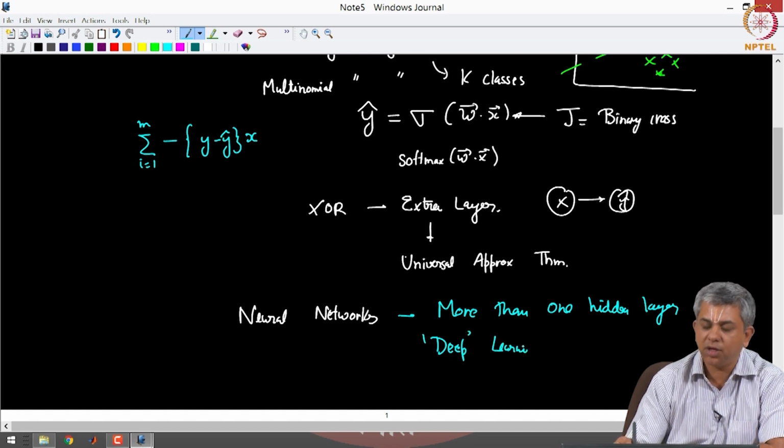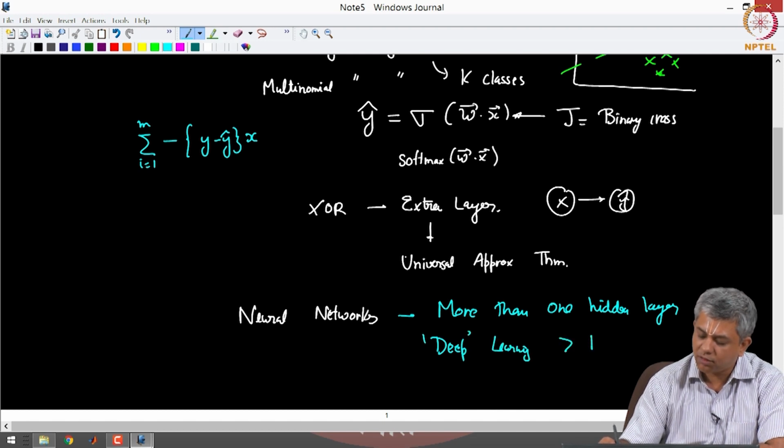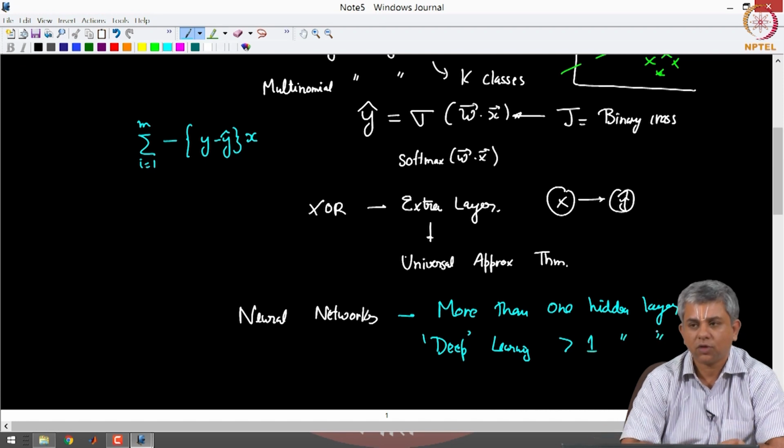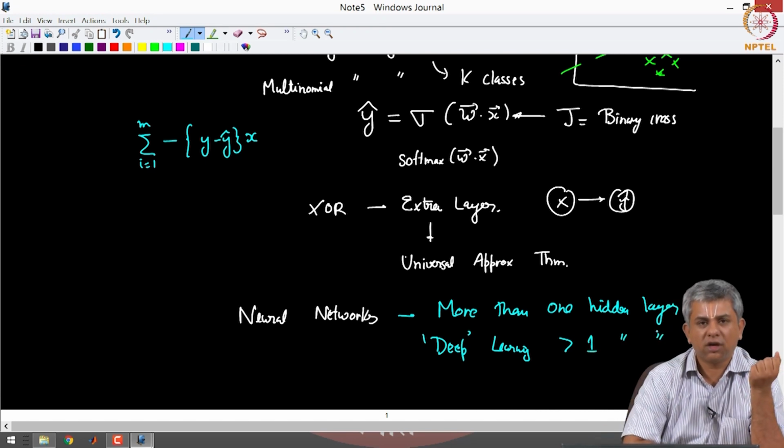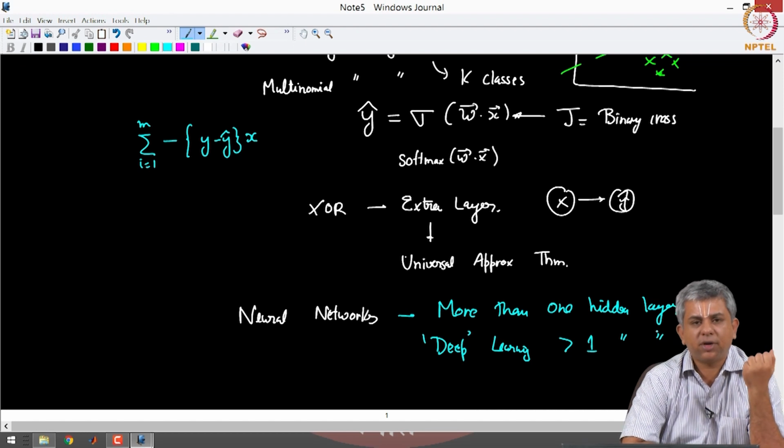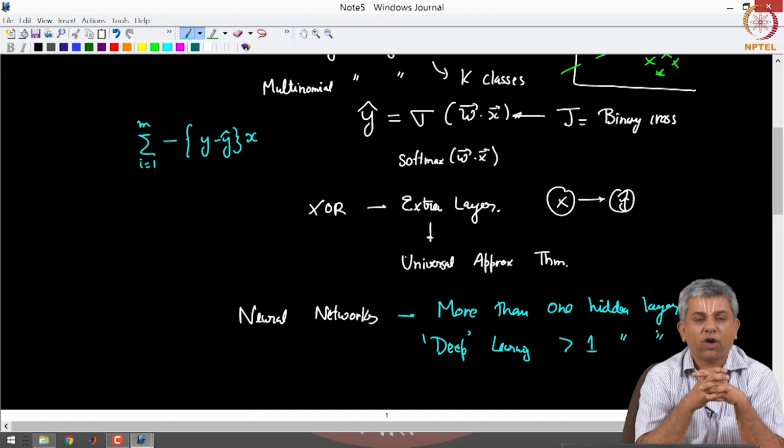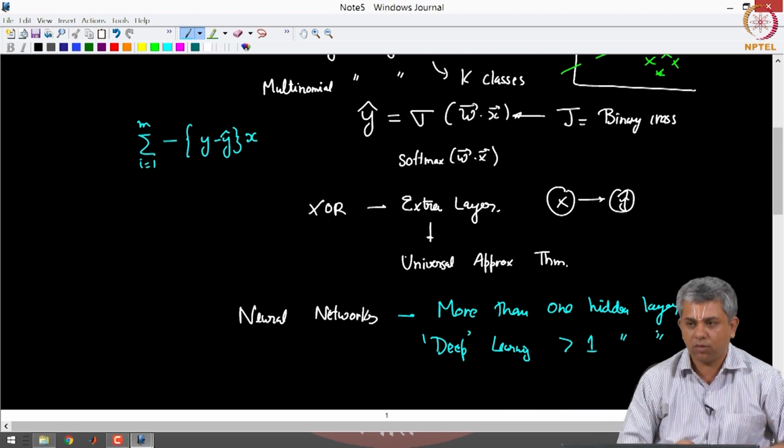Deep learning simply means greater than one hidden layer. That is typically what is called deep learning. There is some disagreement in the literature on how many layers you should take, or should you even just make do with one hidden layer. Okay, some people are of the opinion that with certain tricks you can get by, but generally the observation is you get fewer neurons and fewer weights the deeper that you go.